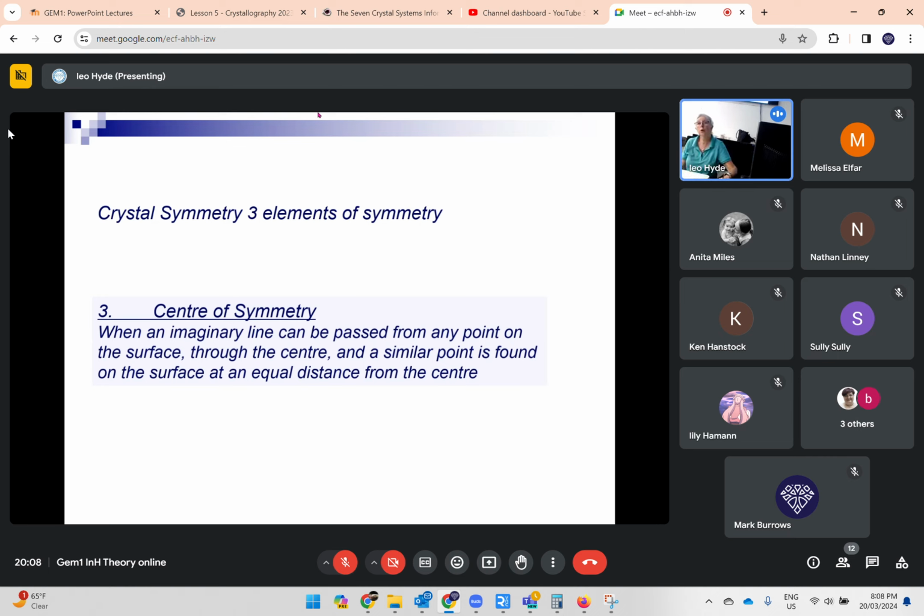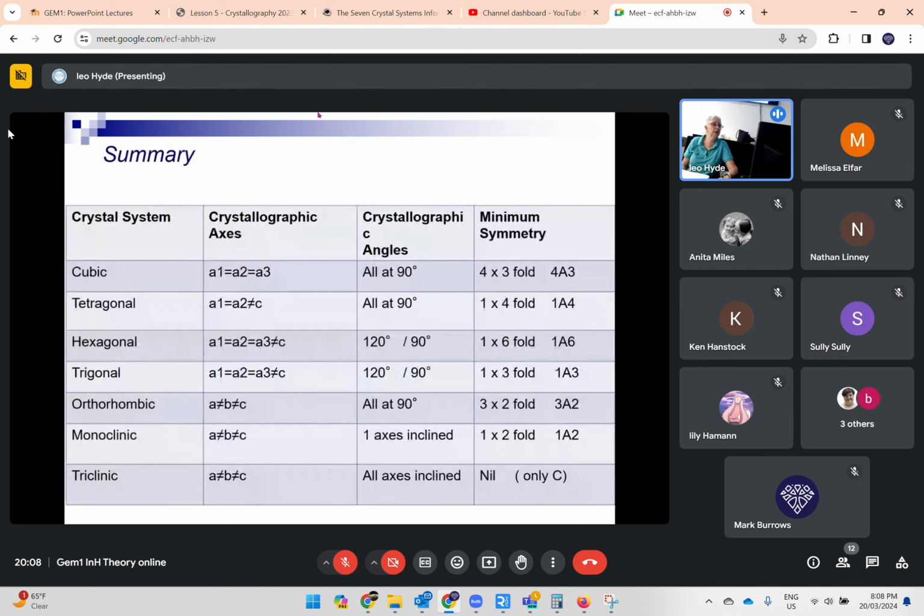So how do you answer minimum symmetry? Okay, so there it is. That is something you can commit to memory, because the minimum symmetry means there are 4 directions where we can rotate that to get a 3-fold symmetry. So it is written 4A3.